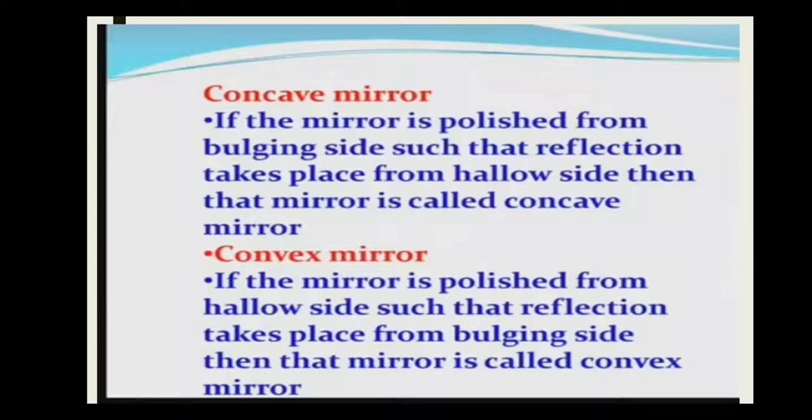Next, concave mirror. What is a concave mirror? If the mirror is polished on the bulged side such that the reflection takes place from the hollow side, then the mirror is called a concave mirror.